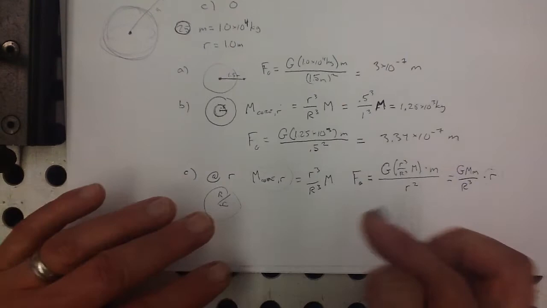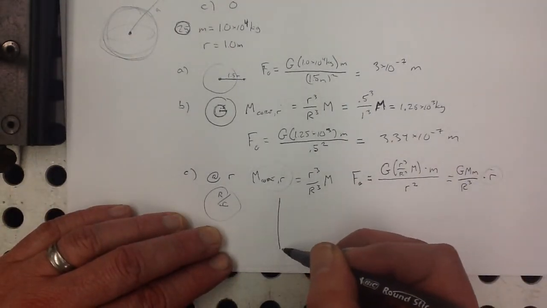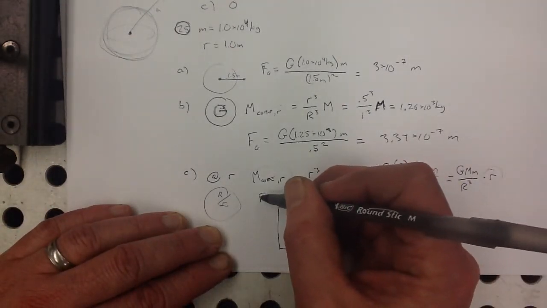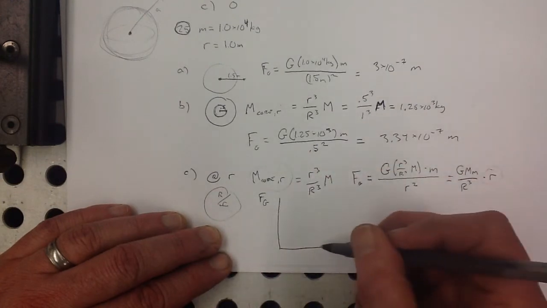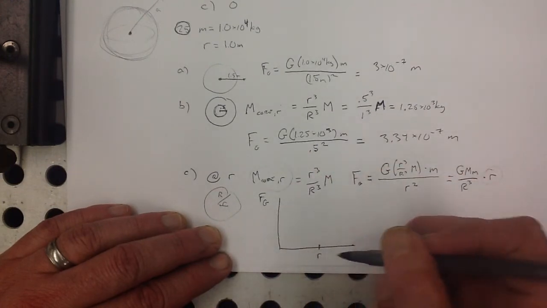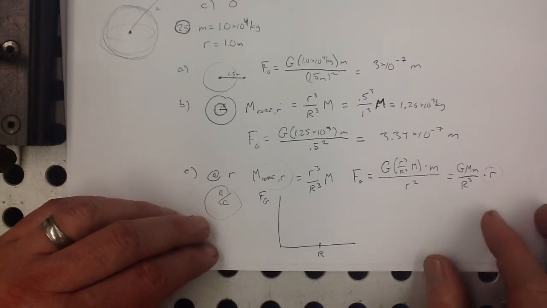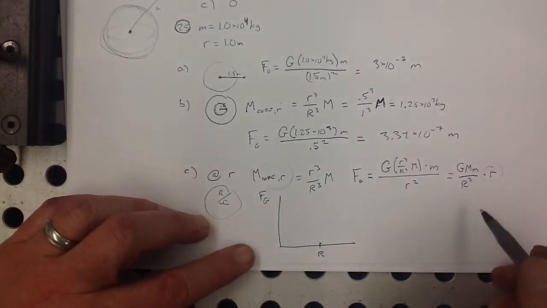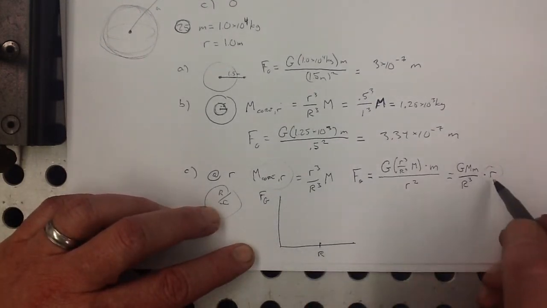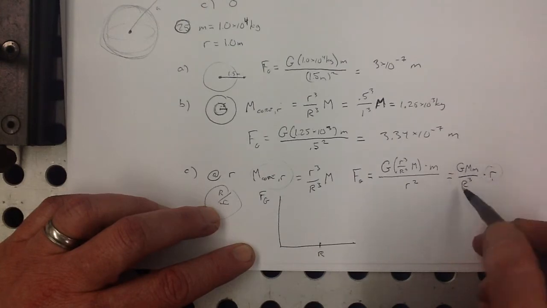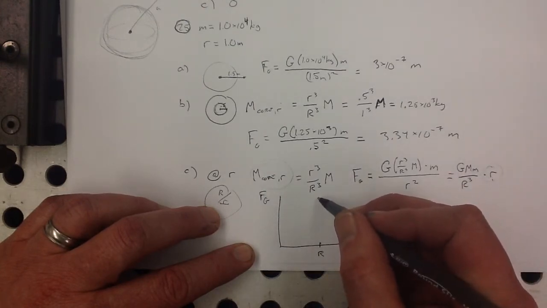So if you were going to plot what's the gravitational force when you're inside the radius of this thing, when you are at the radius R, you get G M m over R squared, right, when you're right at the surface.